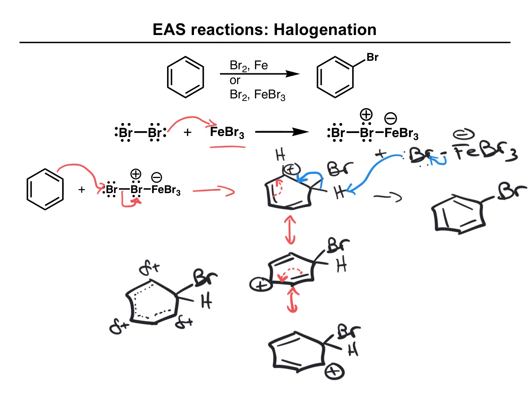This reaction can also be carried out using chlorine in the presence of iron trichloride, or it may be necessary to use chlorine in the presence of aluminum trichloride, which is a stronger Lewis acid. There are different methods that can be used to install an iodine, but iodination does not occur with the same type of conditions, but there are other ways to generate an iodine electrophile.